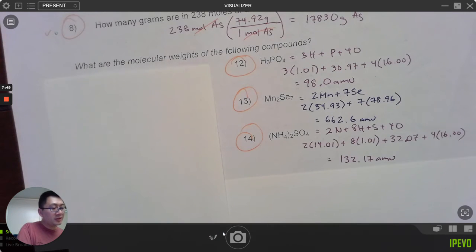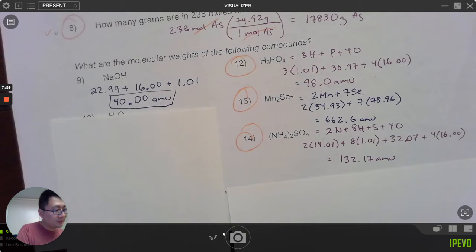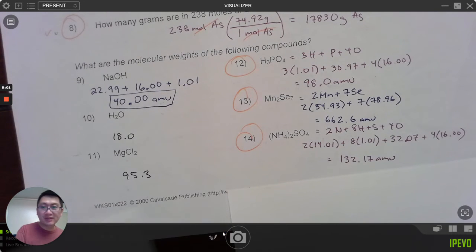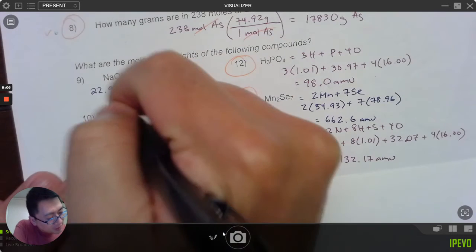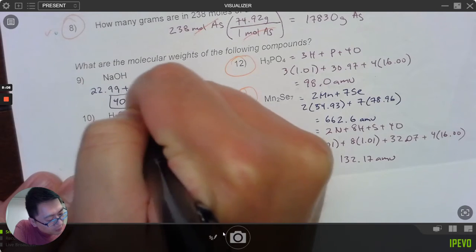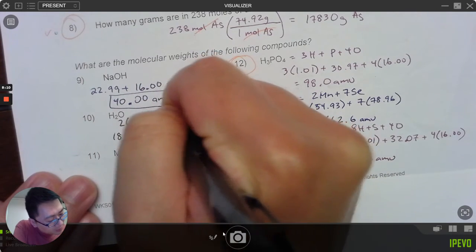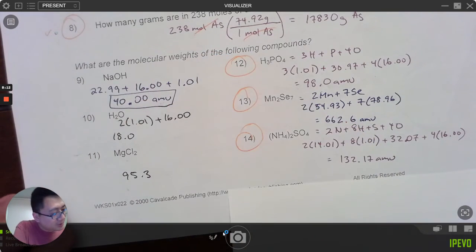Okay, for the other column, I'll just put up the answer for sodium hydroxide, that's sodium plus oxygen plus hydrogen. That adds up to 40. H2O, here's the rest. I didn't show the work, but 2 times hydrogen. Hydrogen on the periodic table is 1.01. Oxygen on the periodic table is 16. Add that up, and you get 18.